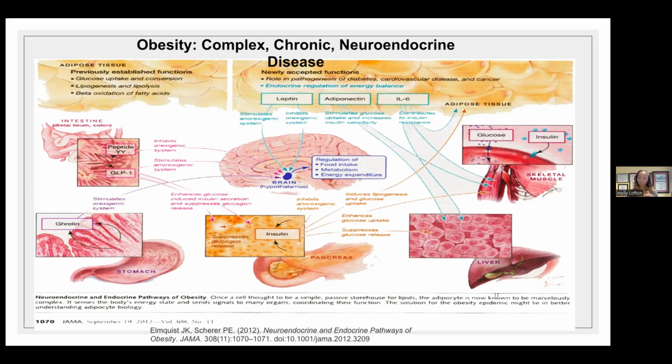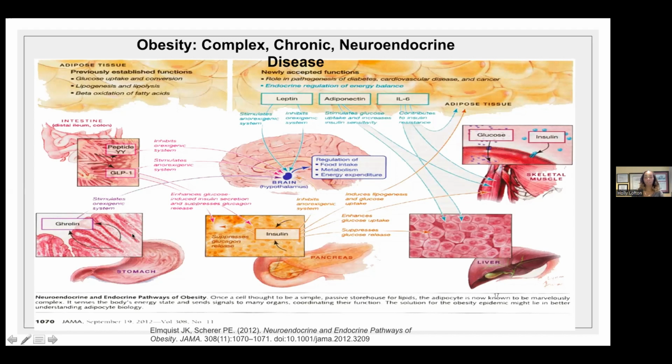And in return, the brain is sending messages to the gut about what to do with digestion and how fast or slow the stomach should empty. So I'll talk about some of these neuronal hormonal effects that start us having a condition of obesity.